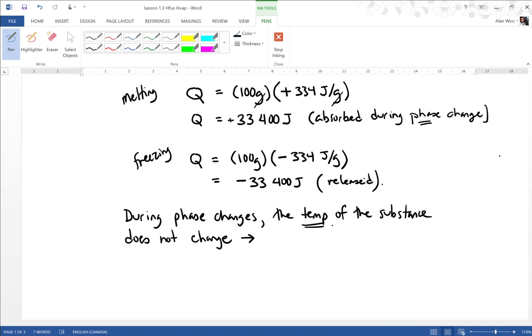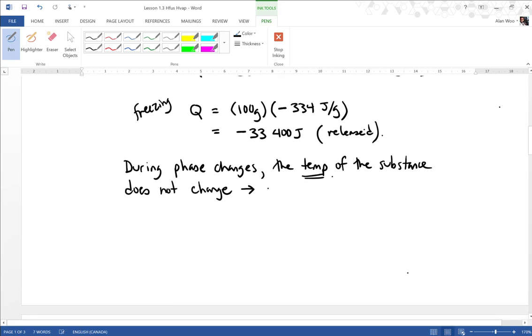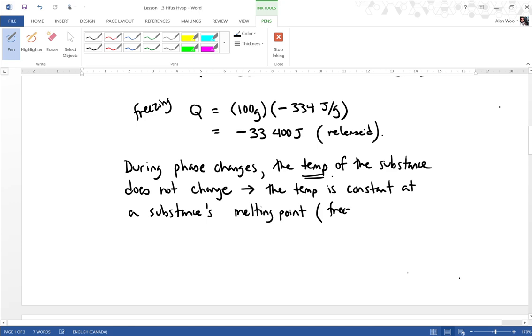The temperature is constant at a substance's melting point, freezing point, boiling point, or condensation point.